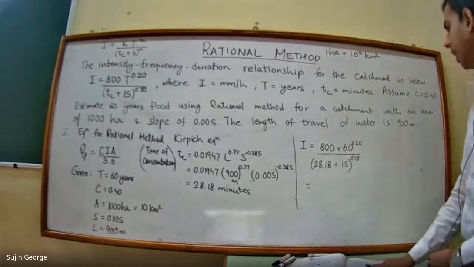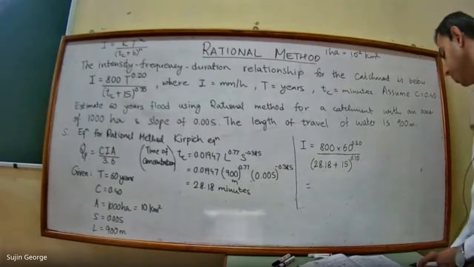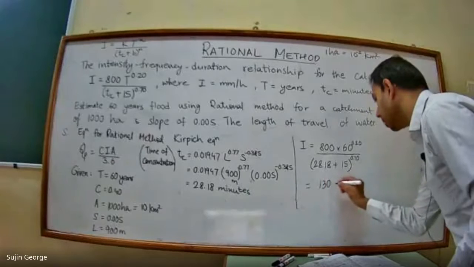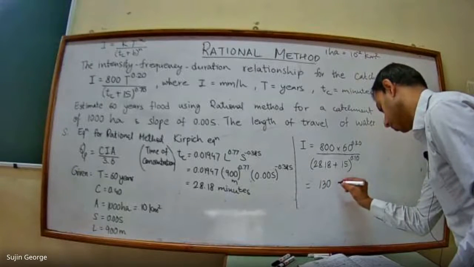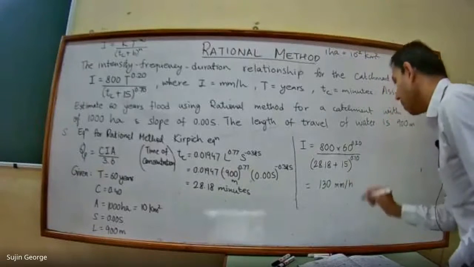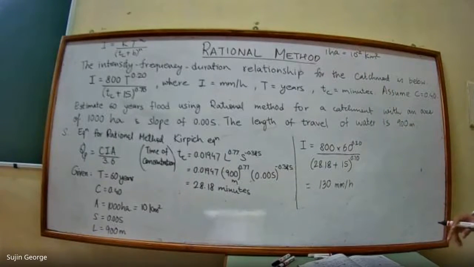So we just have to calculate this value, and it comes out to 130 mm per hour.